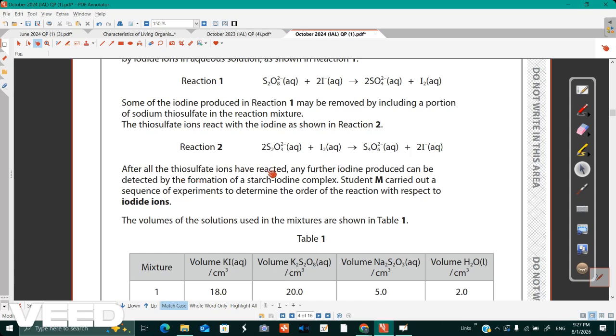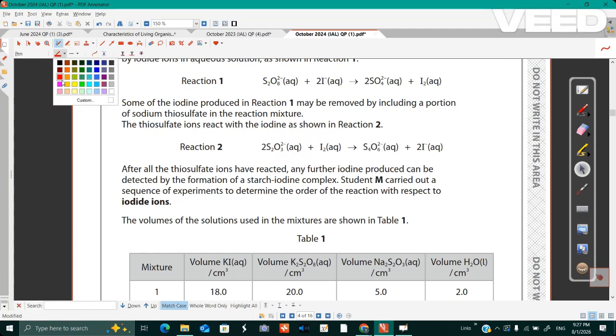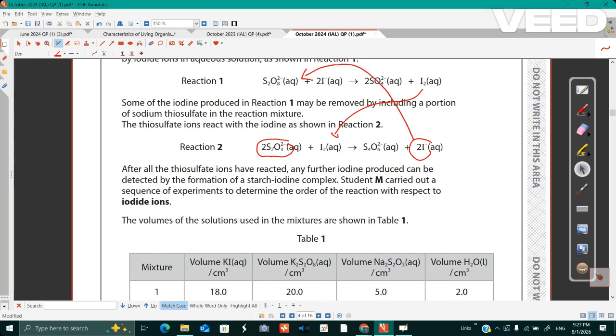After all the thiosulfate ions have reacted, the further iodine produced can be detected. So it means thiosulfate is the limiting reagent. You do the first reaction, I2 is made. That I2 is reacting again with thiosulfate, producing I minus, which again participates in the first reaction.